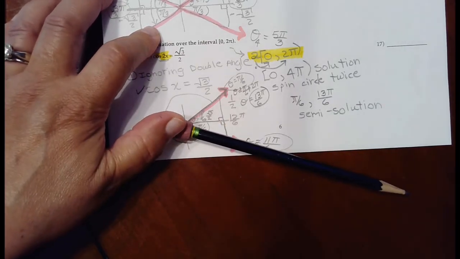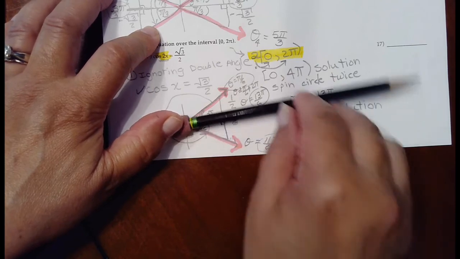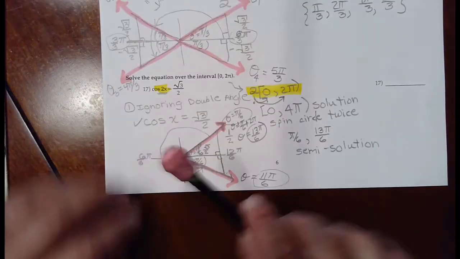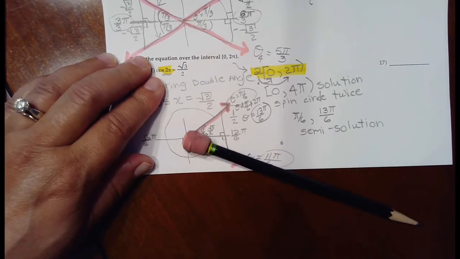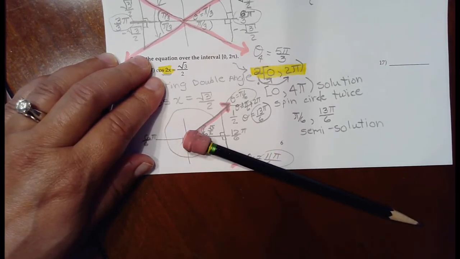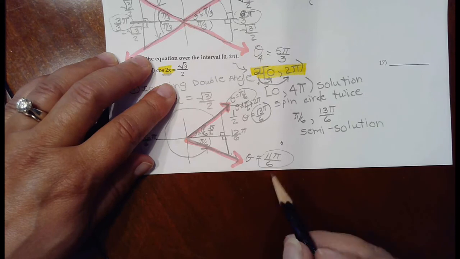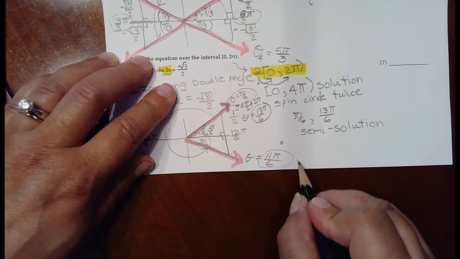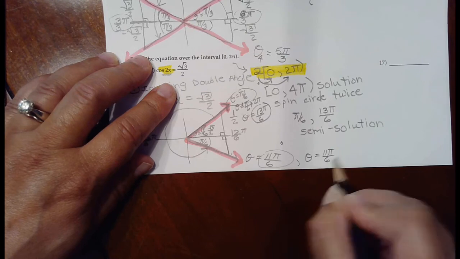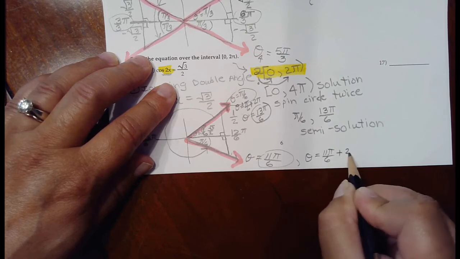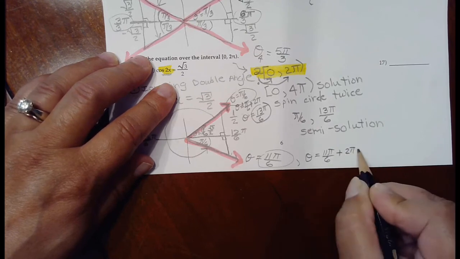So the other angle here would be the 11 pi over 6 I started on, plus a full 360 rotation, which is the same thing as 2 pi. If you need help with that, just put in the coefficients of the pi, the numbers in front of the pi. 11 over 6 plus 2. 11 divided by 6 plus 2. Math, enter, enter. 23 over 6. And that is a pi number.